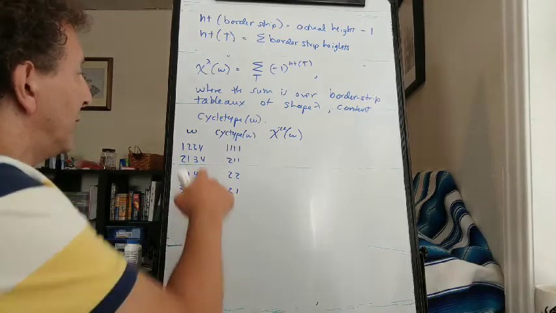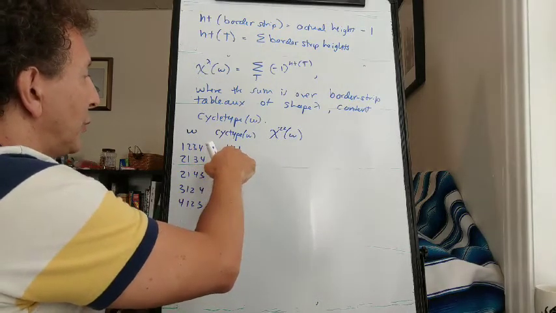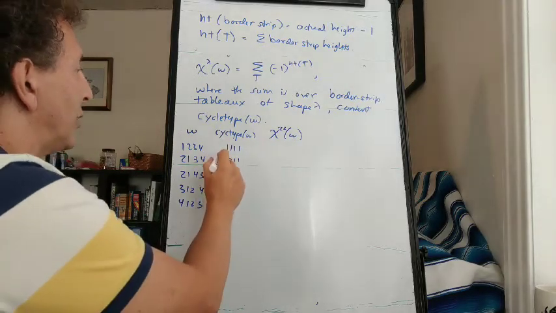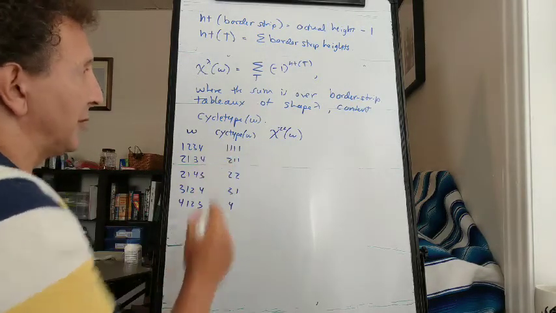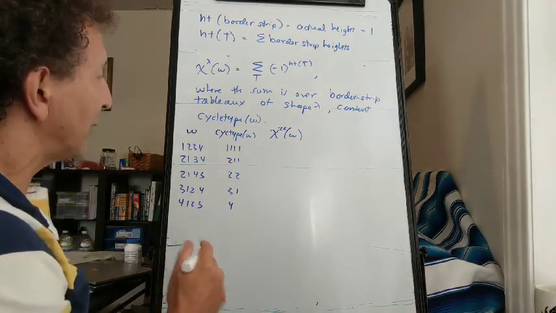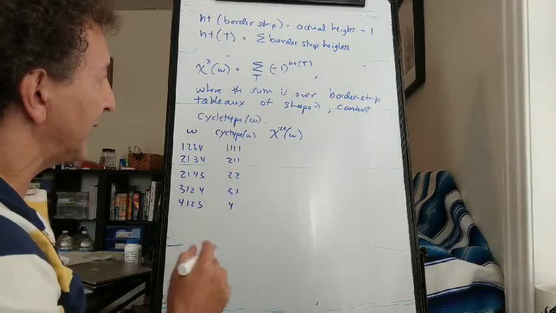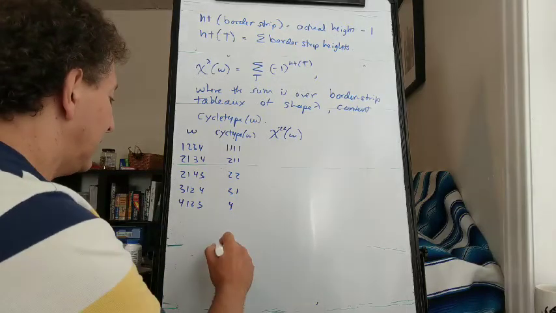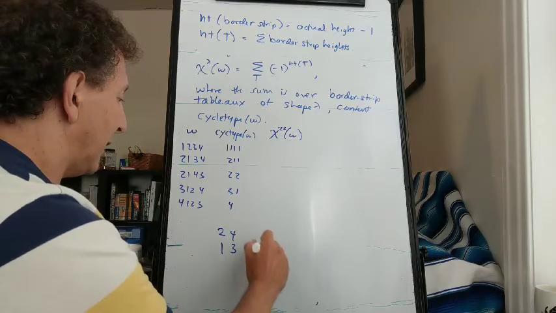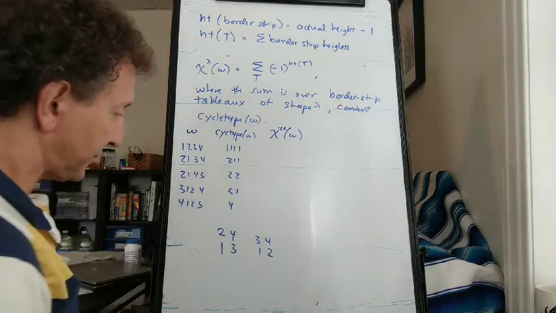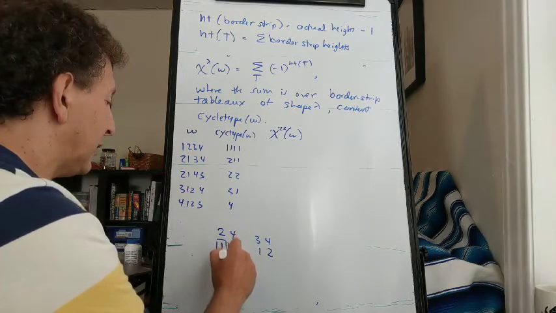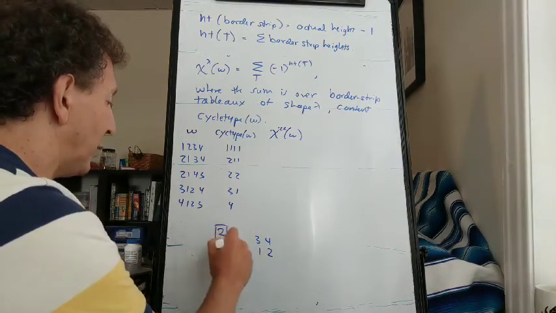All right, so if the cycle type is 1, 1, 1, 1, then we're going to have a single 1, a single 2, a single 3, and a single 4 in the tableau. Now they have to be arranged so that rows are weakly increasing and columns are weakly increasing. So I guess there's 2 ways to do that. And then each of these single letters is a border strip.